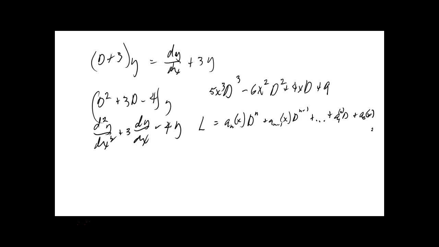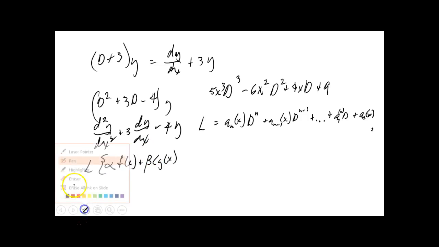And here is an example of that. So what if we are operating with L onto alpha, which is some constant, alpha f of x plus beta g of x. Oh well, there's no parentheses in the front here, sorry.